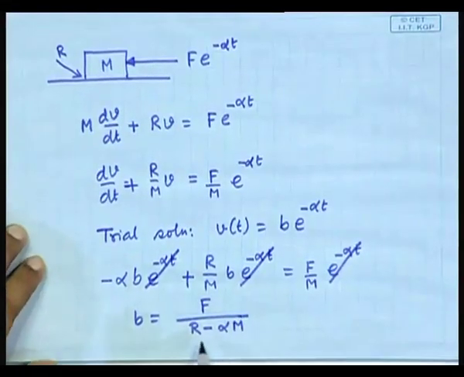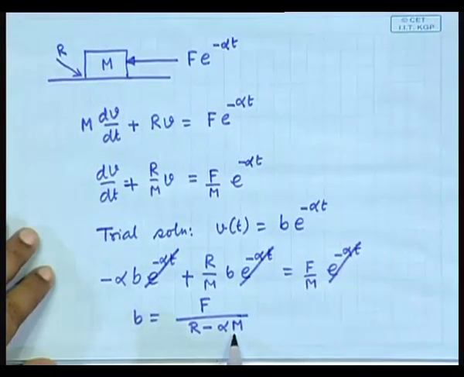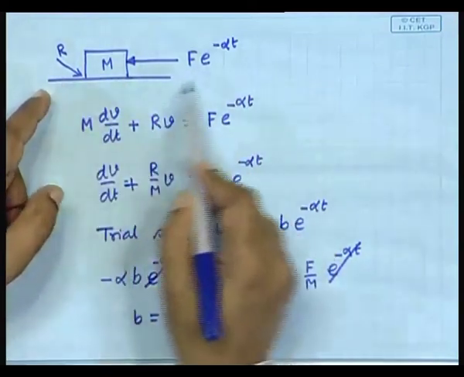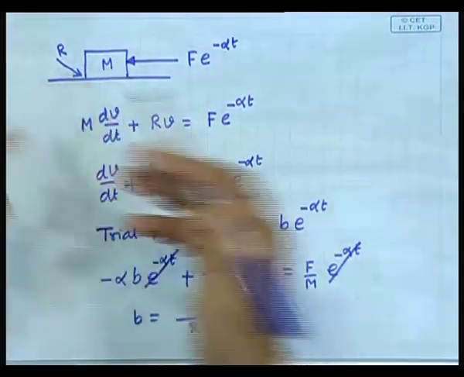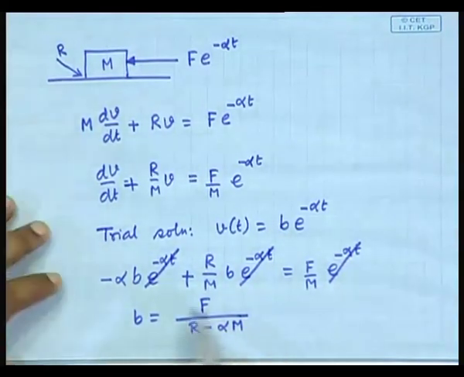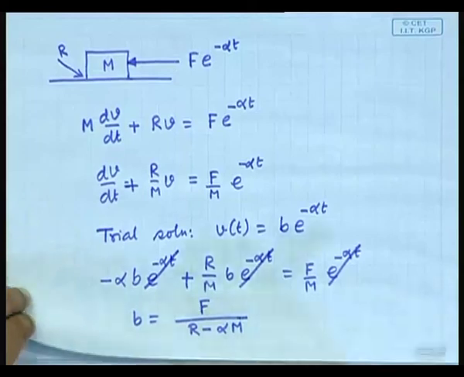So, the ultimate equation will be, by the way, notice that this will be true only if r is not equal to alpha m. If these are simple parameters of this equation, this could be equal. So, this whole solution will be valid only when r is not equal to alpha m.